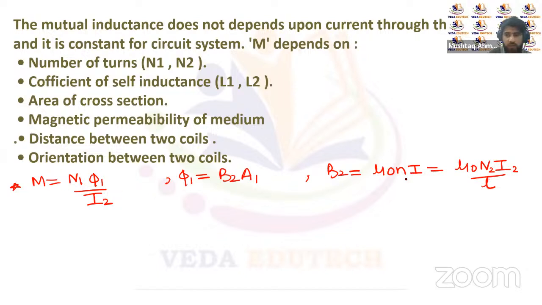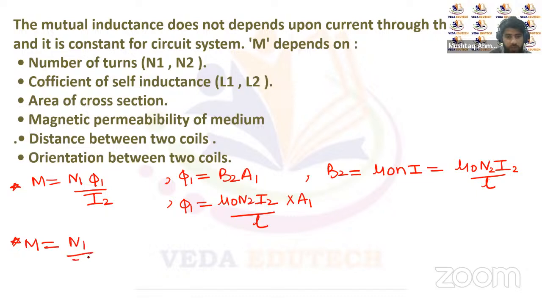Now we can substitute the value of phi 1. So phi 1 will become equal to mu naught N2 I2 upon L, multiplied by A1. So this will be the value of phi 1. From here, the coefficient of mutual inductance will be N1 upon I2 multiplied by mu naught N2 I2 A1 upon L, right?